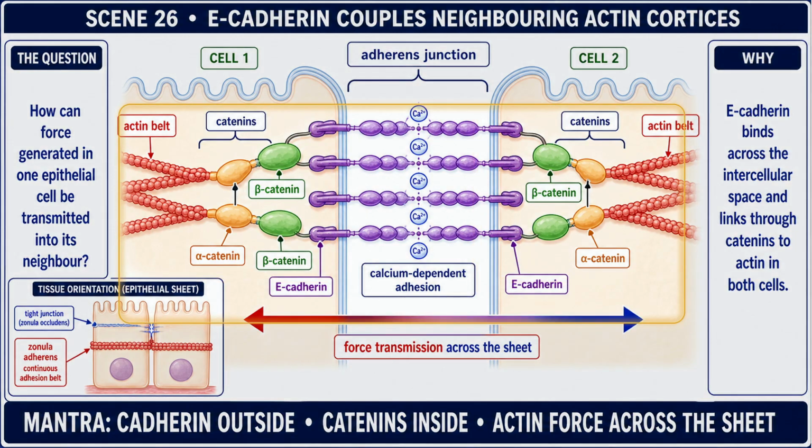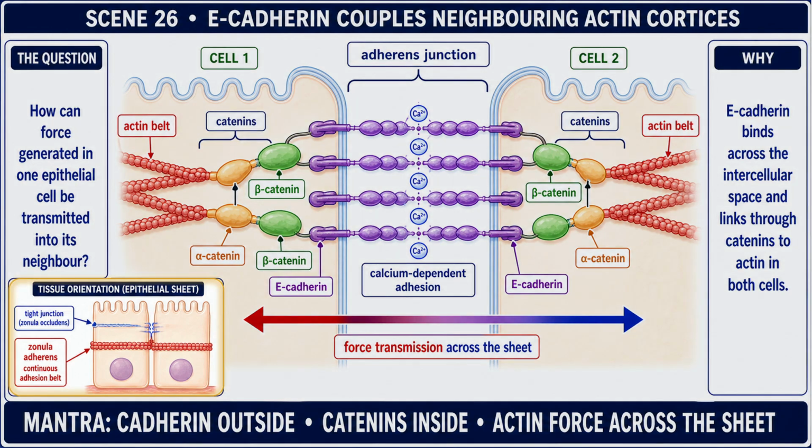Follow the mechanical path across the board. Actin, catenins, E-cadherin, the extracellular cadherin bond, then E-cadherin, catenins, and actin again. A contractile force generated in one cell can therefore be transmitted across the junction and into the next cell.